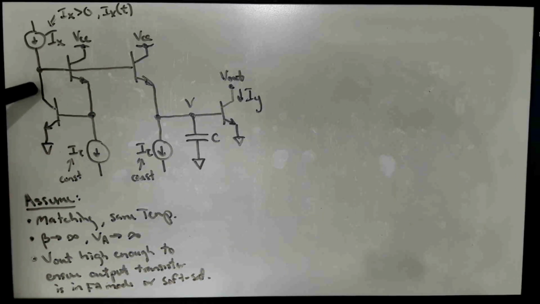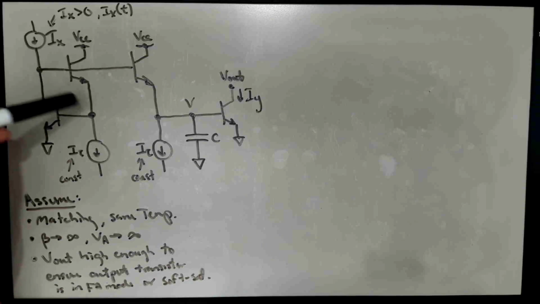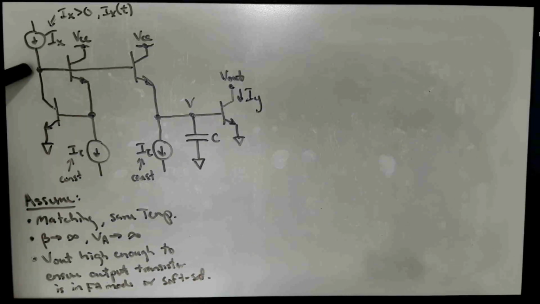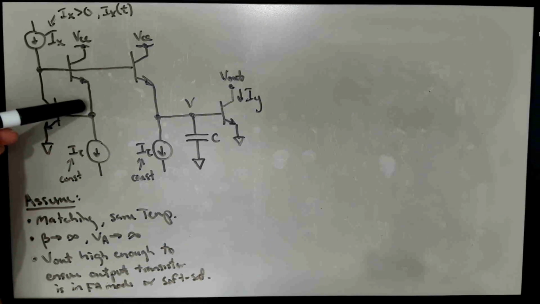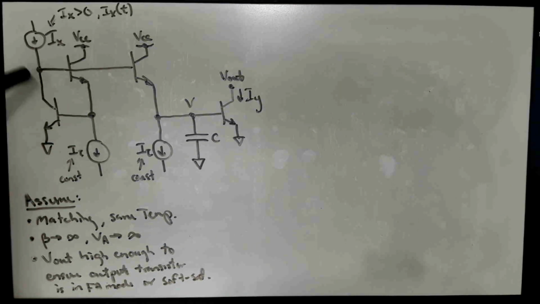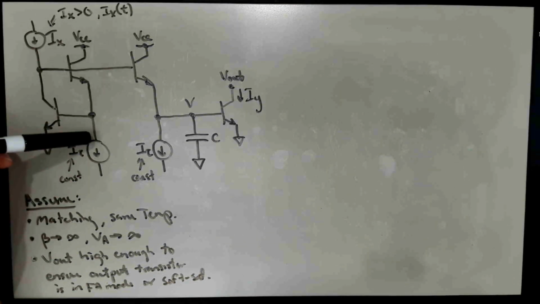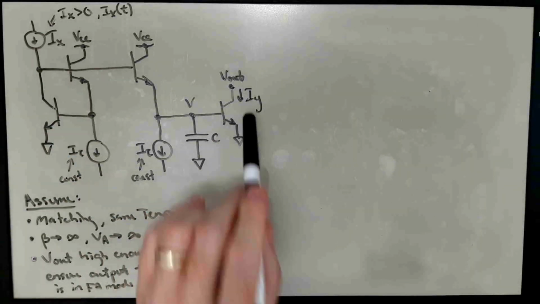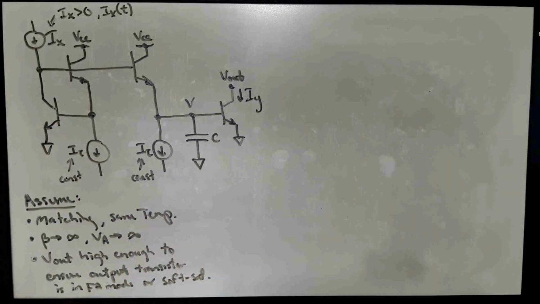And so this transistor is biased further into the active mode than the diode-connected transistor would be, where the base and the collector are at the same potential, because this is about a diode drop or a VBE higher than this point. Okay? So all three of these transistors are going to be in the active mode. We're assuming that this one is in the active mode.